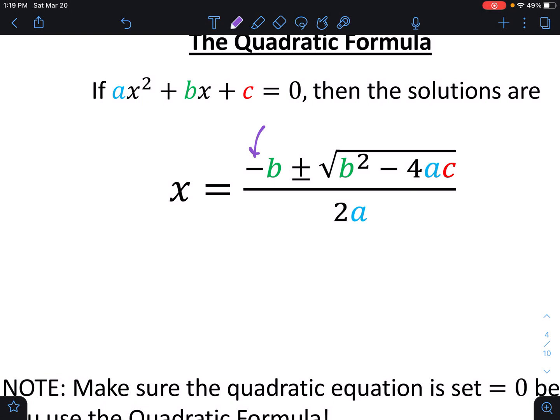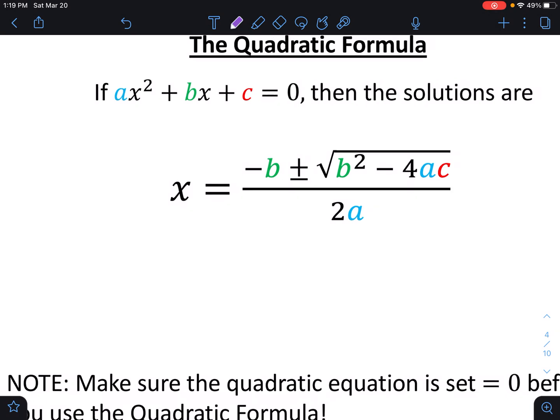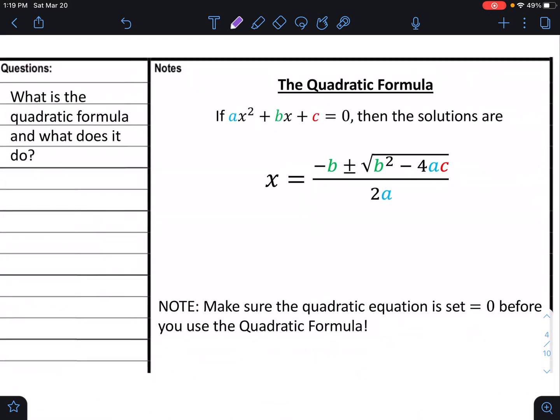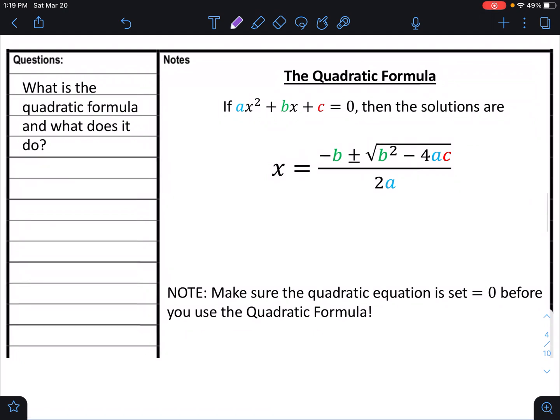If it's negative, make it positive. If it's positive, make it negative. Opposite of b, plus or minus the square root of b squared minus 4 times a times c, all over 2a. There are lots of songs tied to that to help you remember it. And you see all kinds of different ones, but it's maybe one of the most famous mathematical formulas.